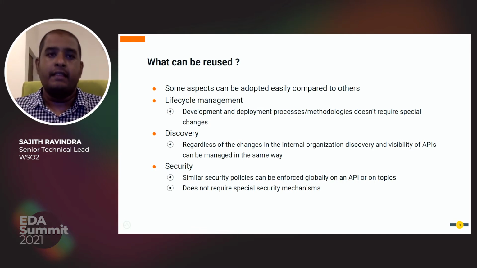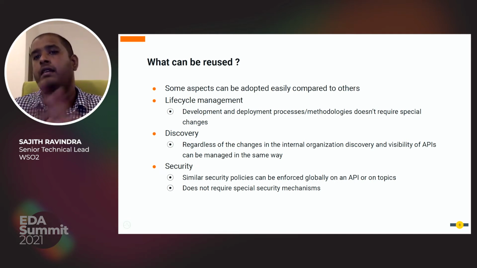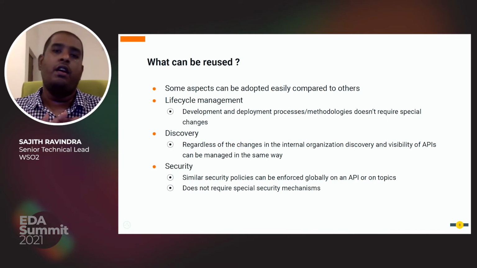One such aspect is life cycle management. Here, development and DevOps processes will not require any special changes due to the fact that you are developing a streaming application, or you are deploying artifacts into an event-driven system. Based on that fact, you don't require any special changes, right?